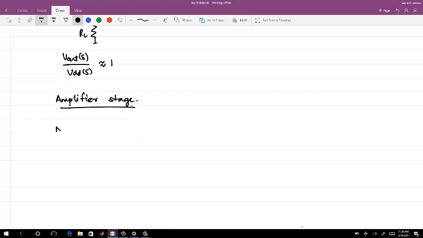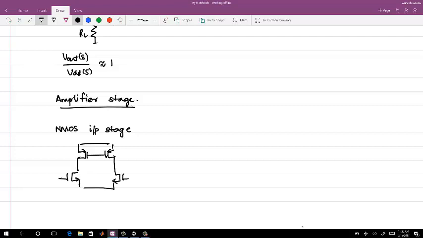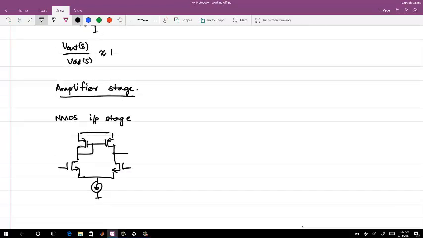You can have two ways, which is an NMOS input stage of the amplifier. Let's call this VA, and this is VDD.